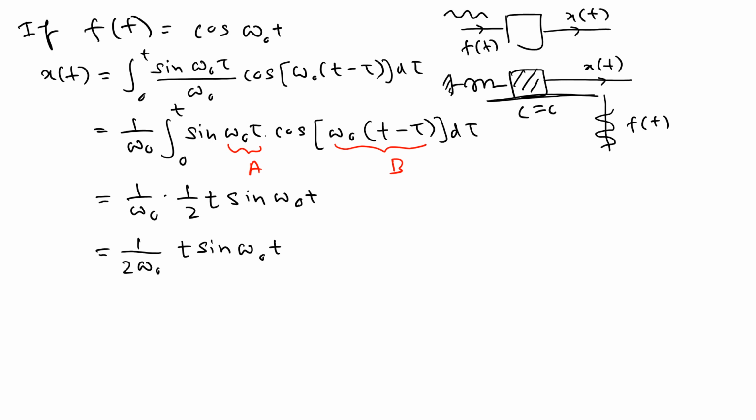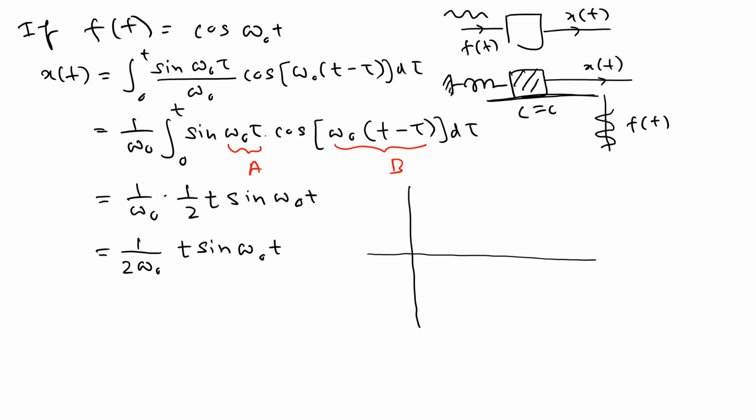What does this solution mean? You can see that as t goes on, the amplitude of this function grows. If you look at the graph of this function, this is how it looks. It is a sine graph in between t and minus t.